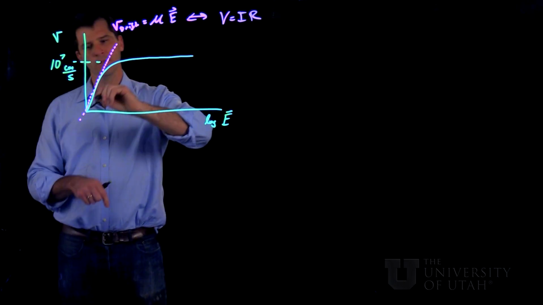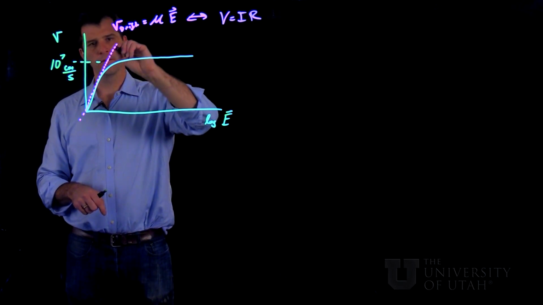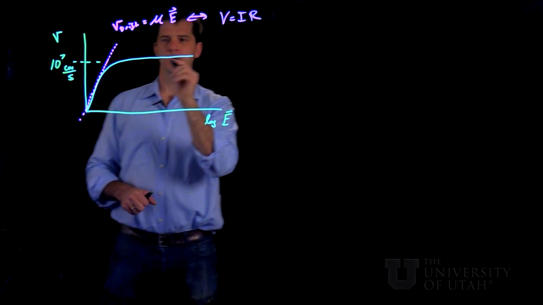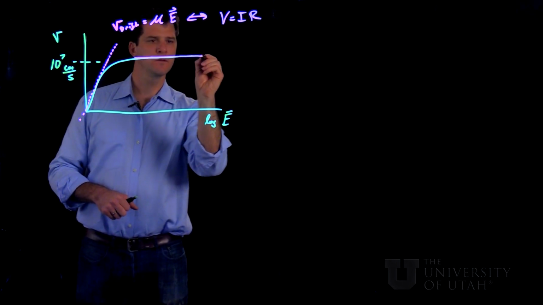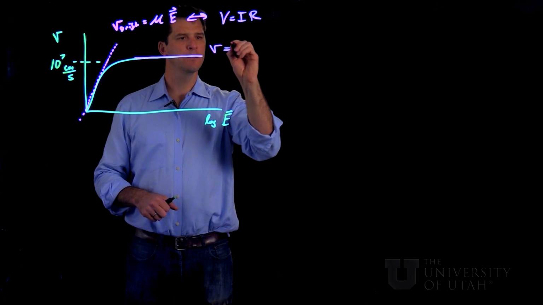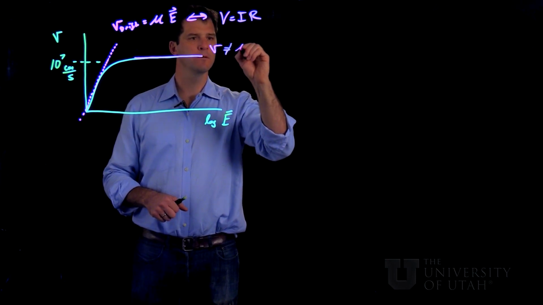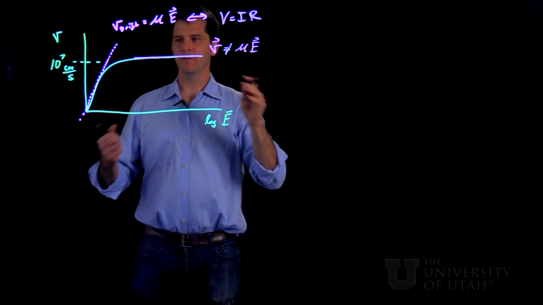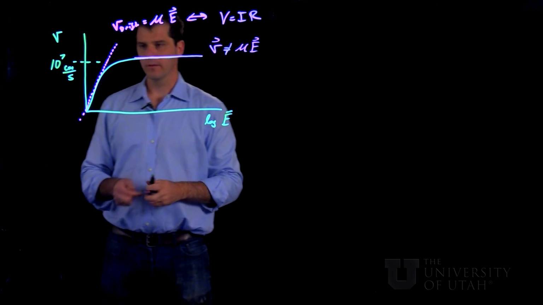So in this region here, where we have a constant or nearly constant slope, we're actually obeying Ohm's law. But out in this region here, the velocity is no longer proportional to the E field. It's constant. So what's happening? What changed and what caused this physics?